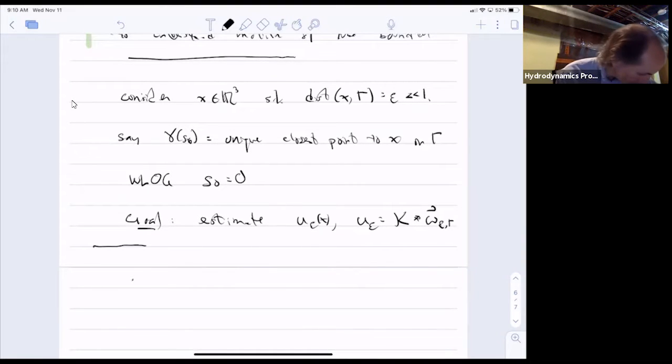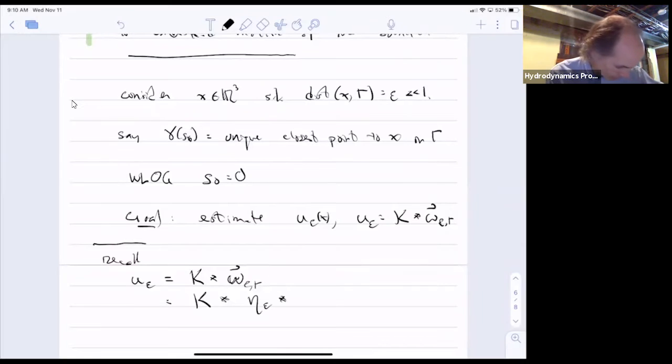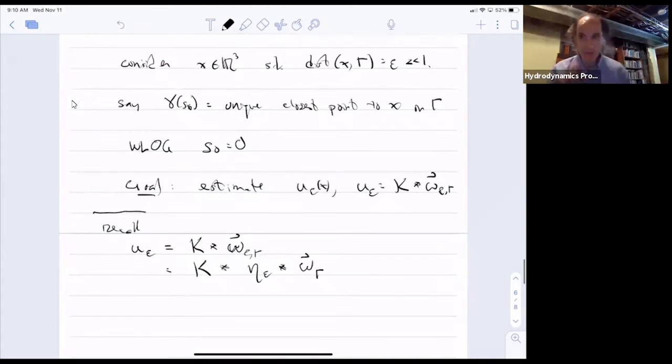By definition, recall, and maybe I'm going to start omitting subscripts, u epsilon is this convolution with omega epsilon gamma. And omega epsilon gamma was itself obtained by taking this mollifier eta epsilon and convolving with the measure omega sub gamma. Then we remember that convolution is commutative.